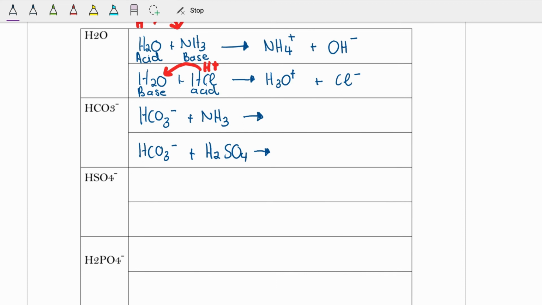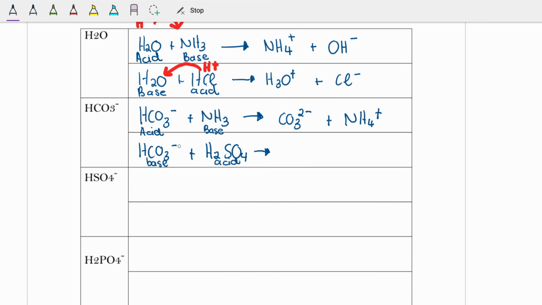Now in this case, your ammonia is acting as your base, and this will act as an acid, right? So your acid gives away the proton. What will be left behind? A carbonate ion plus ammonium. Same for this one with sulfuric acid.